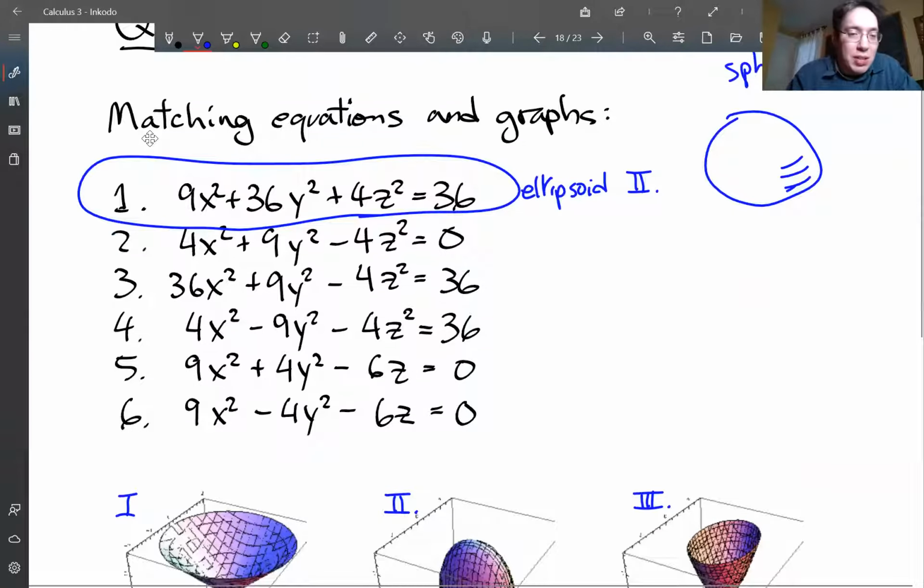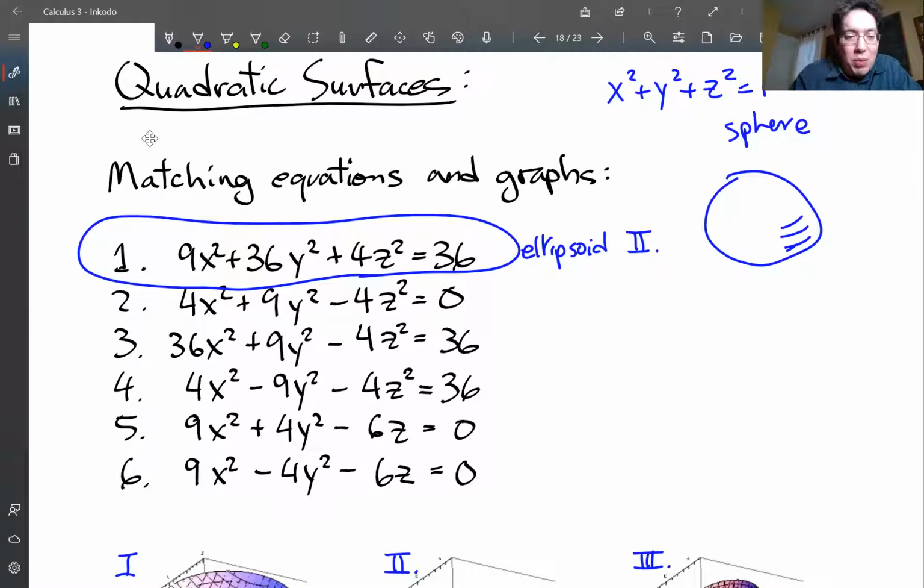How could you figure this out from the formula? Well, you know that all of these 3 terms have a positive coefficient times something squared. And when something is squared, it's either 0 or positive, right? So here we're adding up 3 non-negative things, and it adds up to 36. So that means that none of these things could be too big, right?